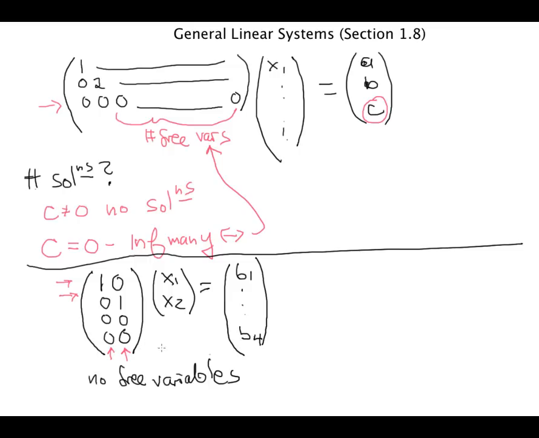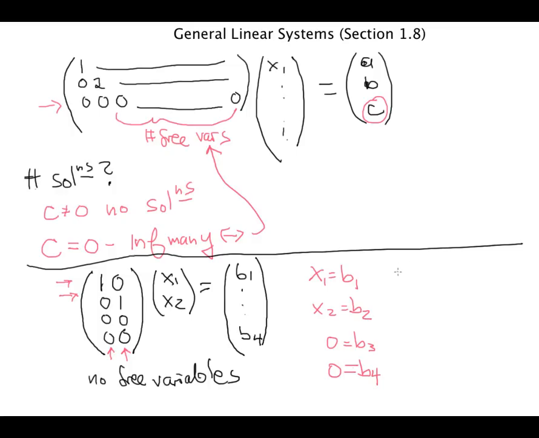And how many solutions does this have? Well, this is simply the set of equations: x1 is equal to b1, x2 is equal to b2, and 0 is equal to b3, and 0 is equal to b4.